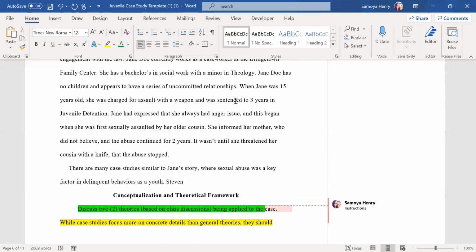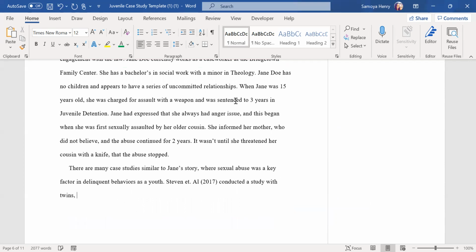Stephen et al., 2017, conducted a study with twins, Paula and Susan, who were also sexually assaulted at the age of 7 years old.